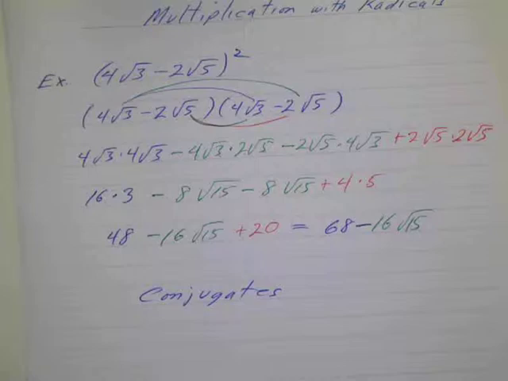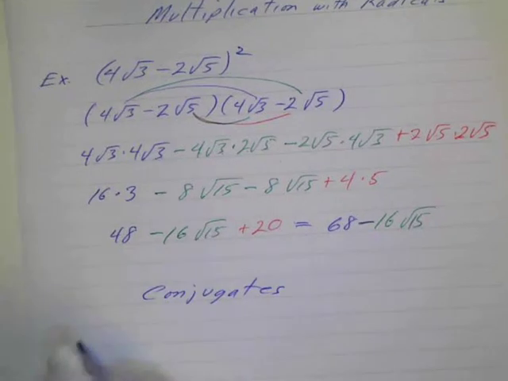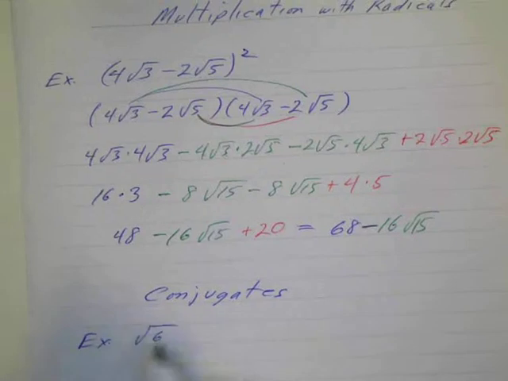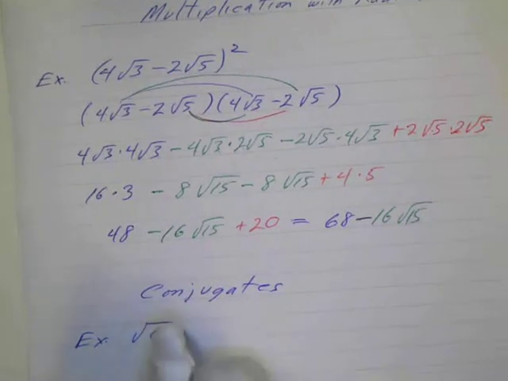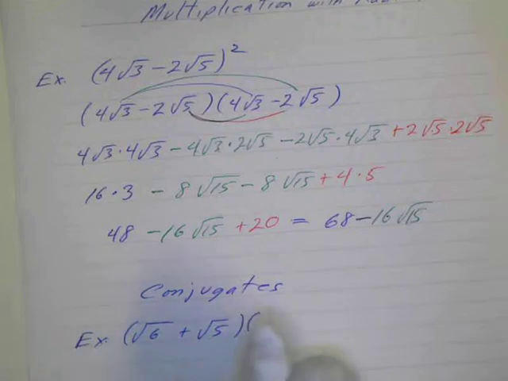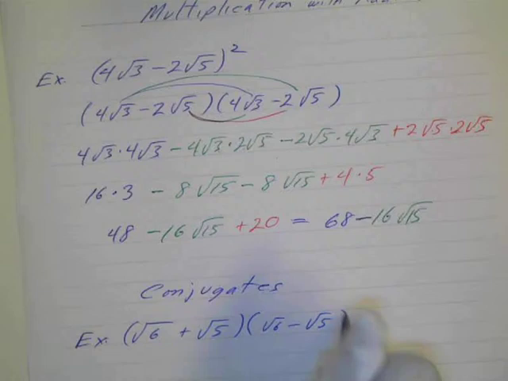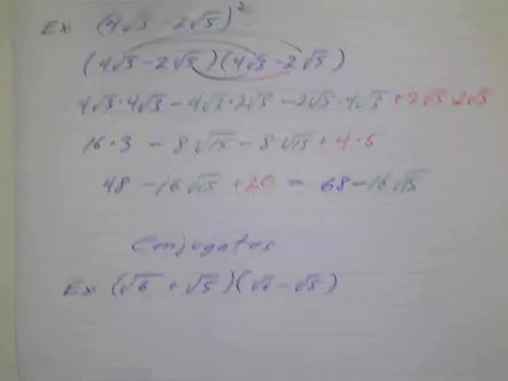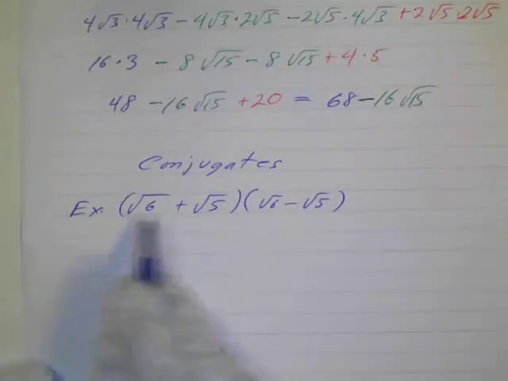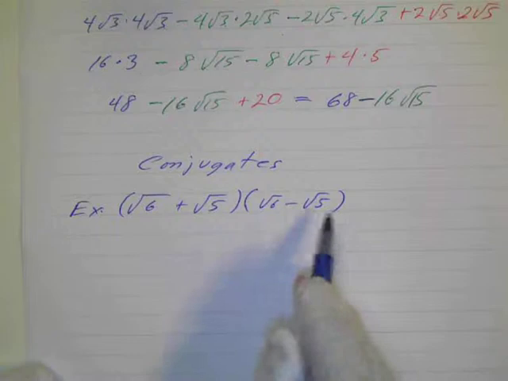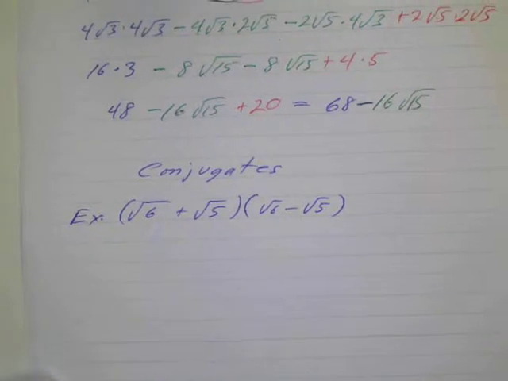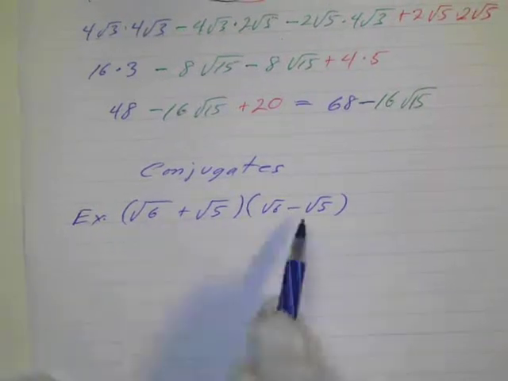So here's an example. Now, these both are radical numbers, okay? They're actually irrational numbers because we can't take the exact square roots of these. Can't be done. But what happens when we multiply these conjugates together?